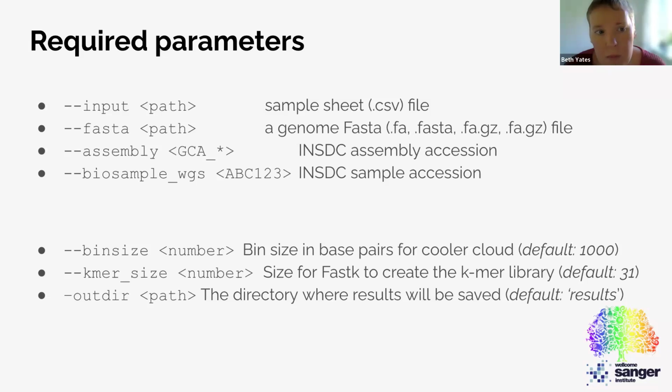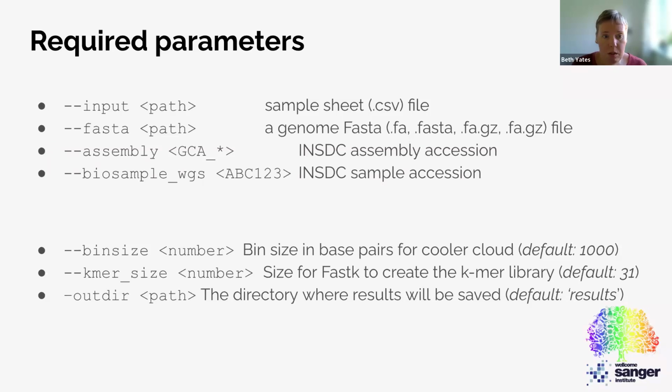For the Genome Note pipeline itself, the required parameters are: first, input, which is essentially a sample sheet which lists all of the reads for the assembly that we want to analyze. The FASTA file, which is the assembly FASTA file.